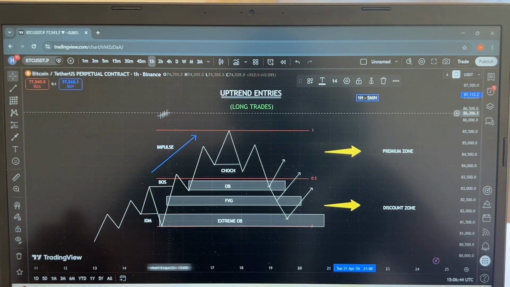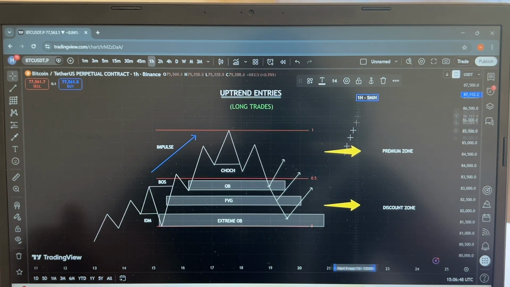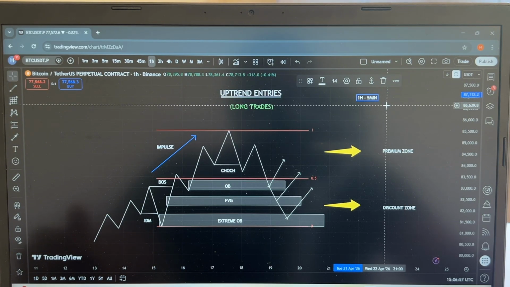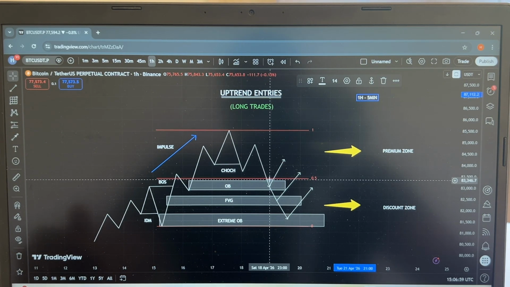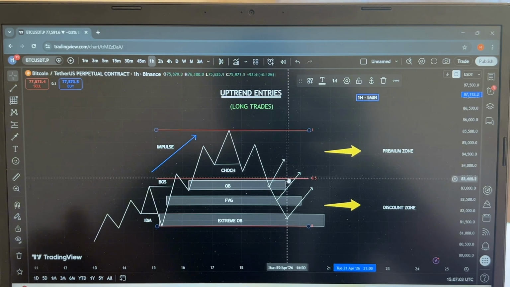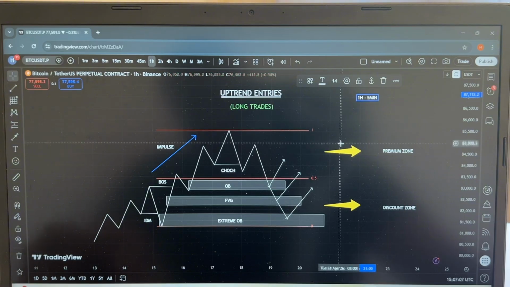So let's say we draw this in the 1 hour time frame. Then, once these order blocks are hit by the market, we go to the 5 minute time frame in order to check whether it has given us another change of character showing us it's going to go up. So let's get to that.